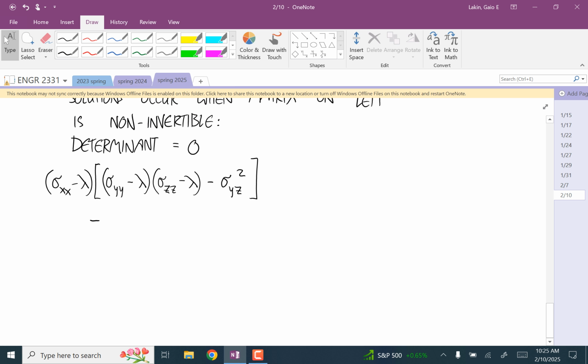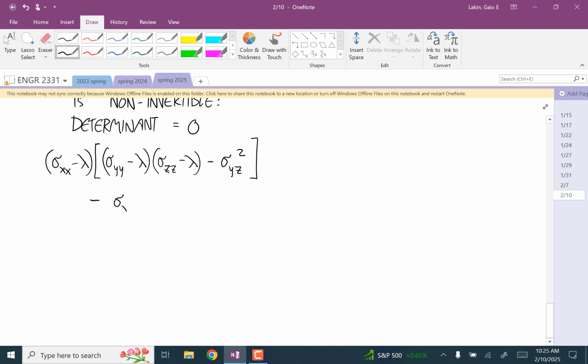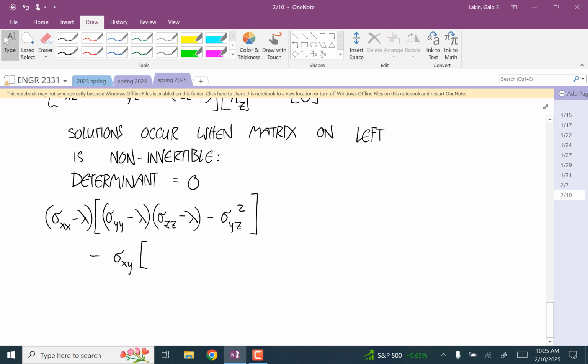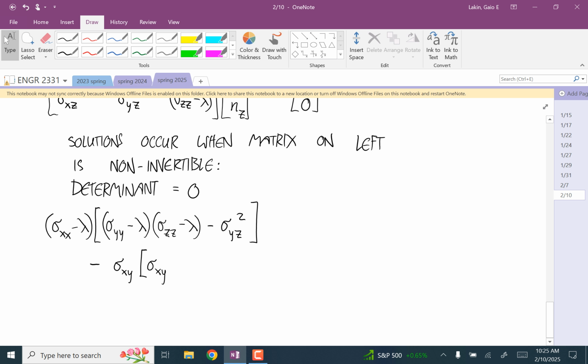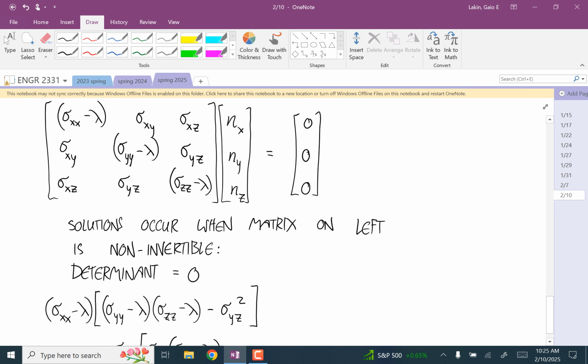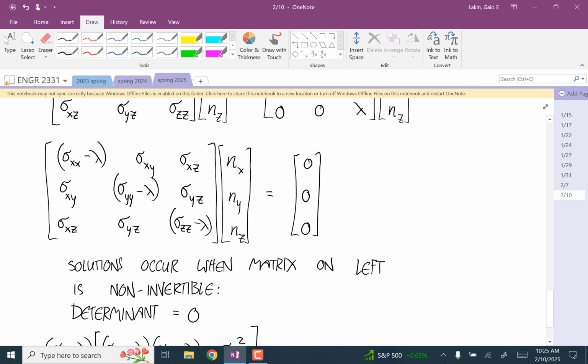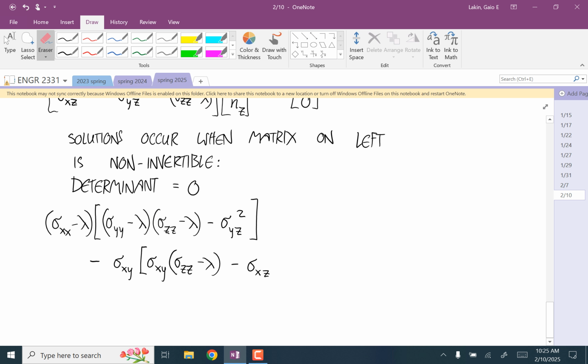So now we go minus sigma xy times the quantity sigma xy times the quantity sigma z minus lambda minus sigma xz, that's sigma xz squared.